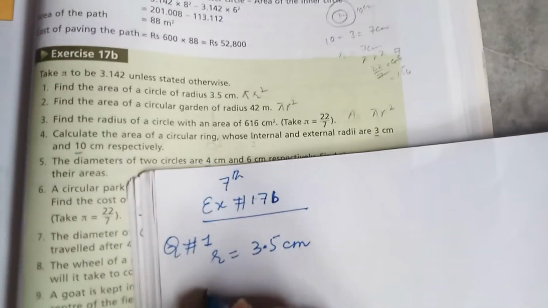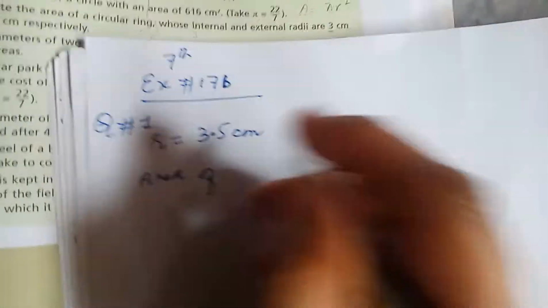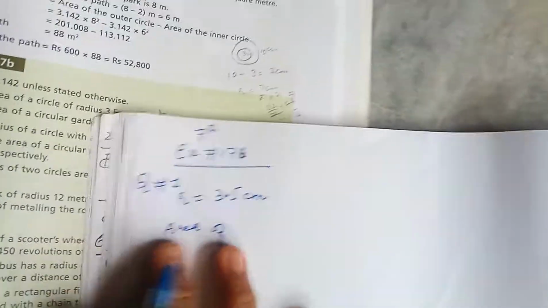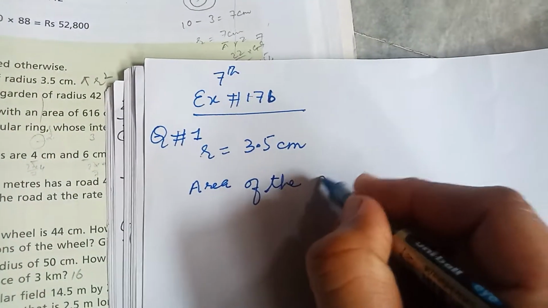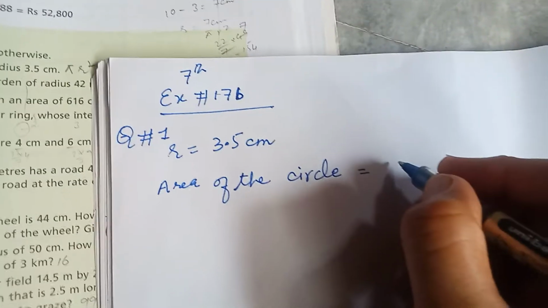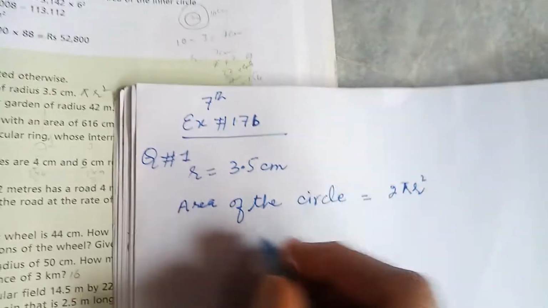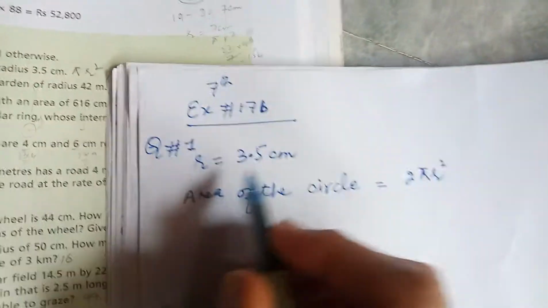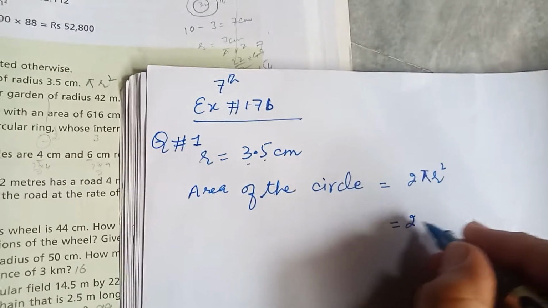We have to find the area of the circle. The formula for the area of a circle is pi r square. The radius is given to us, that is 3.5 centimeter. What is the value of pi?